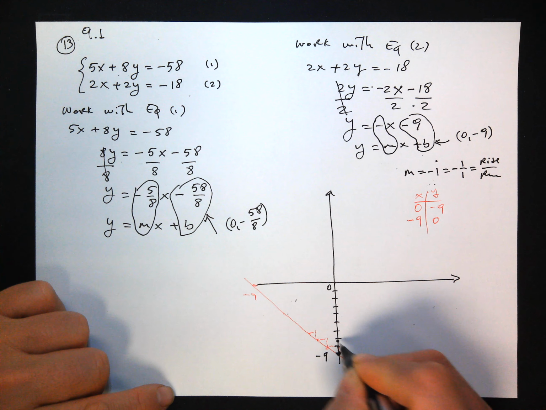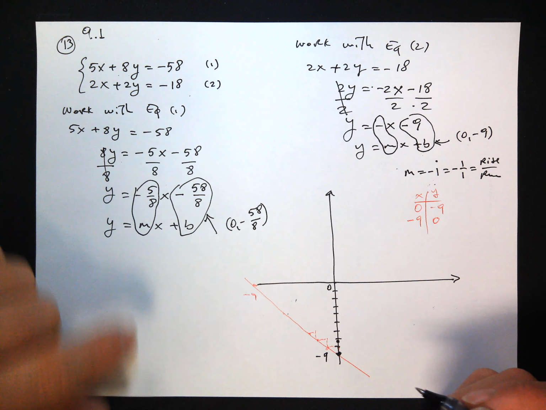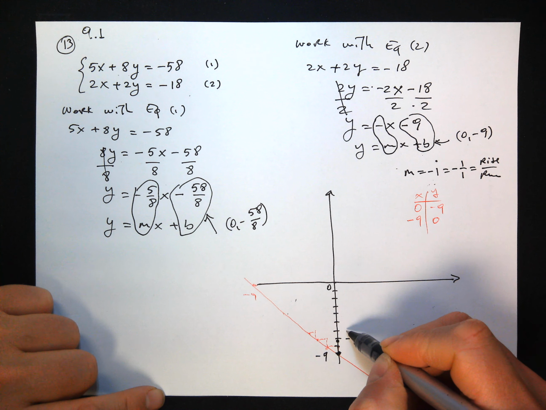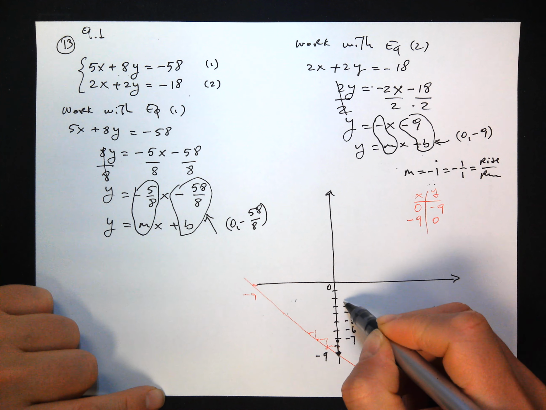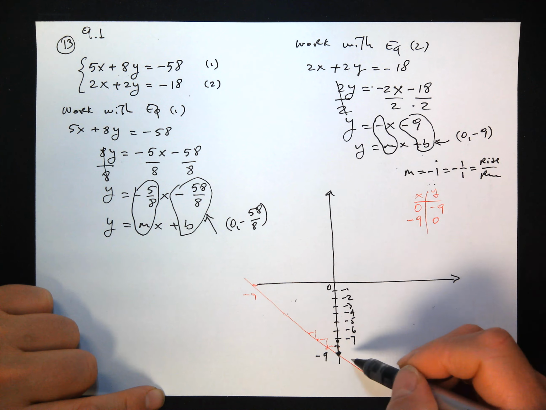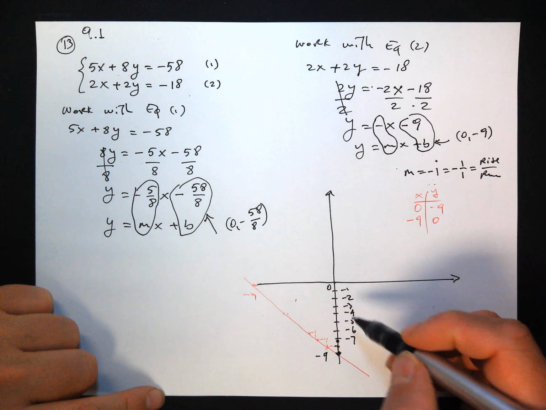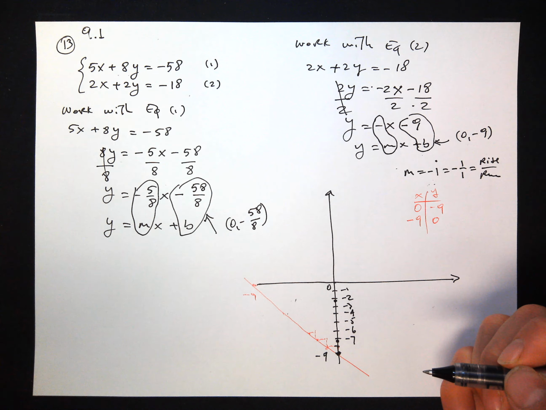So it's going to be somewhere here. And so you're rising 5 and running 8. Let's pretend it was at negative 7. So you're going to rise all the way to negative 2 apparently, because from 7 to 2 is 5 units, right? So it's going to be slightly below negative 2.